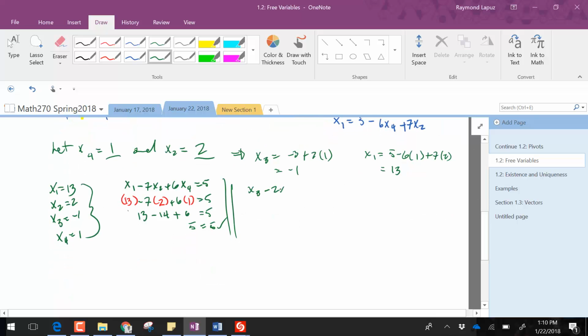Again, we have x3 is -1 minus 2 times x4, where x4 is equal to +1. And that should equal -3. So -1 minus 2 equals -3. So that worked.